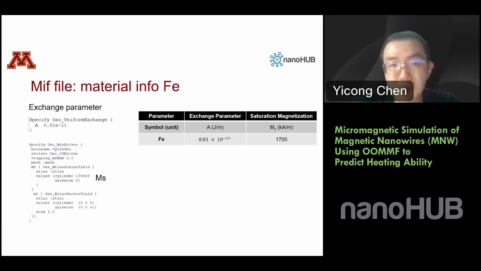Is the heating you mentioned generated from an AC magnetic field or a DC magnetic field? Yes, it's from an AC magnetic field. So that's only a prediction from the DC results, assuming a frequency, and we can calculate the SAR. Yes, we are performing the simulation in a DC field, which means we just switch once from positive saturation to negative saturation and go back, generate one hysteresis loop, and use the hysteresis loop as our prediction for the heating ability in AMF.